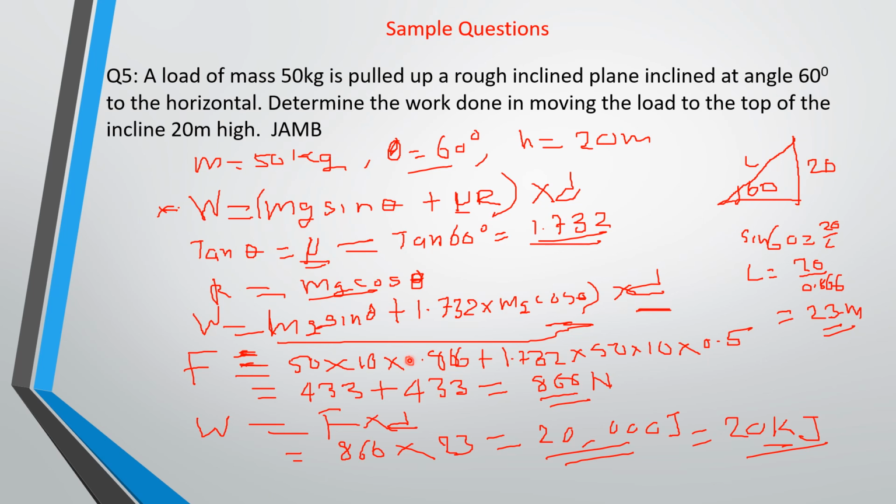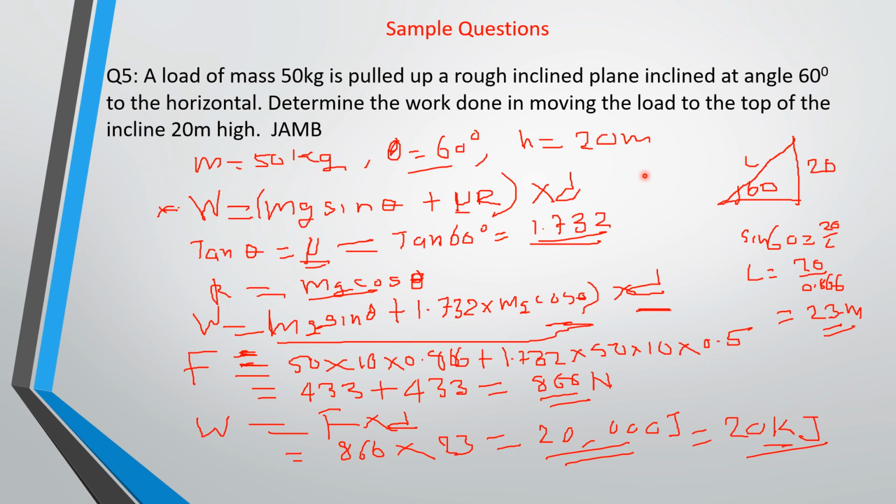Okay, so this is how to go about this type of problems. Please just try to have an understanding of them so that you can apply them when you want to solve any of the questions. Try to understand the application of these equations that we discussed so far. This particular one talks about work done in moving an object up the incline, and we said that the force moving the object up the inclined plane will overcome the weight component of the object down the plane and the frictional force that is opposing the motion.